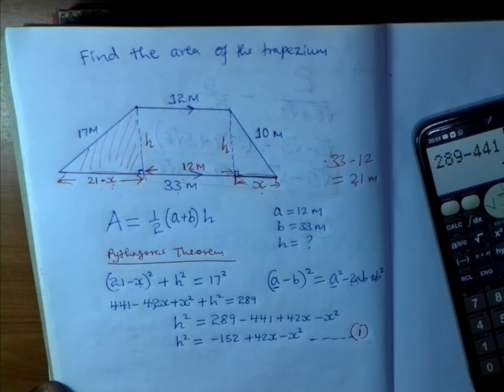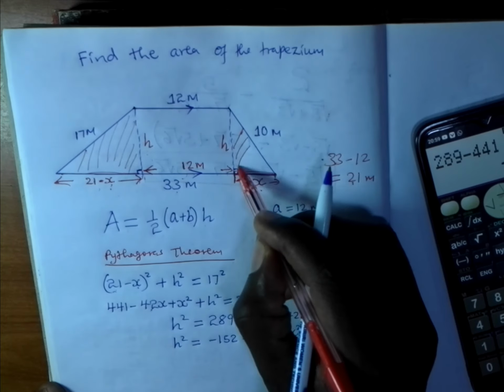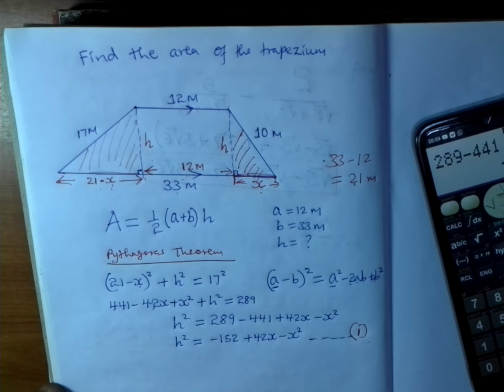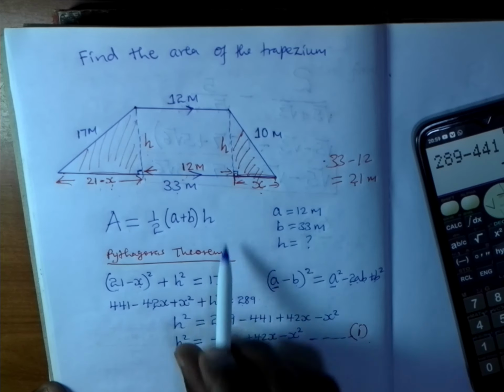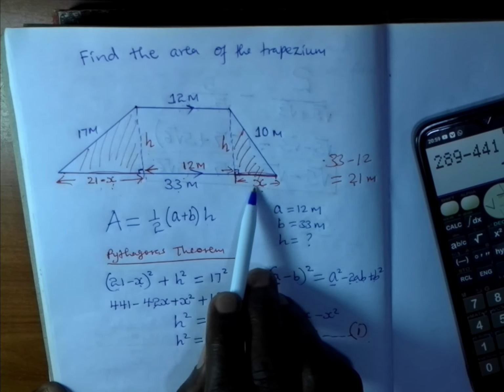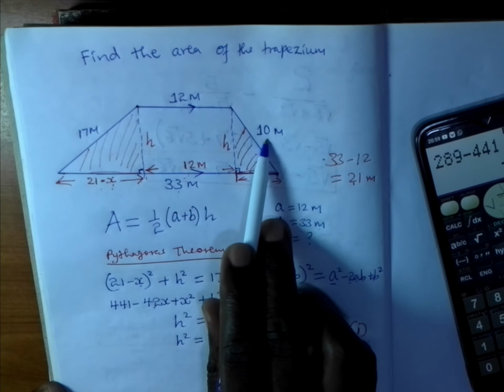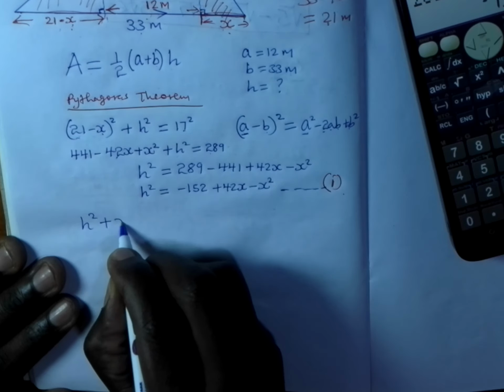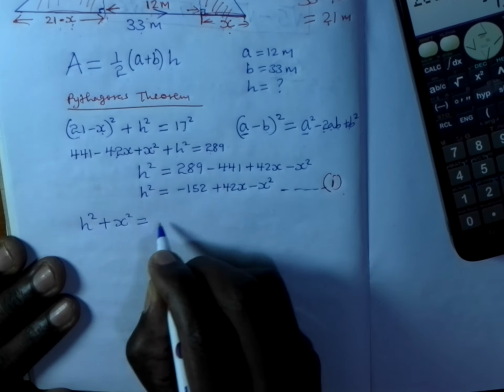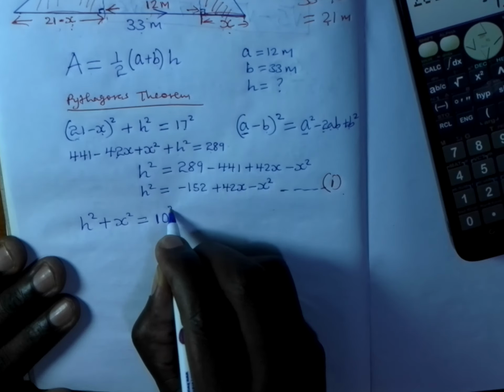Then we also consider the other triangle here. Again, in our case, we have h squared plus x squared will be equal to the hypotenuse squared, which is 10. So h squared plus x squared is equal to 10 squared.